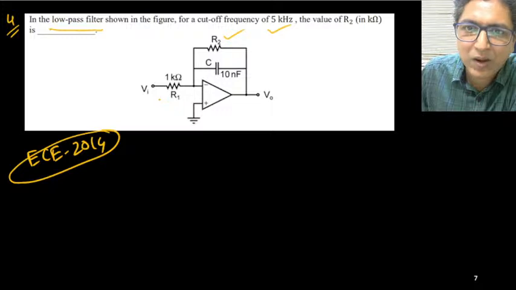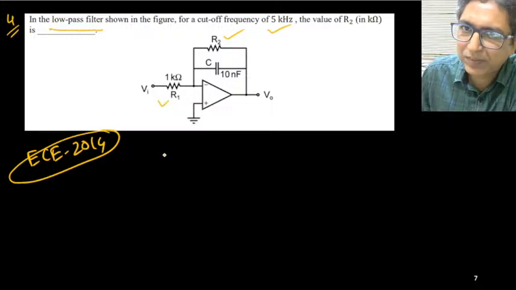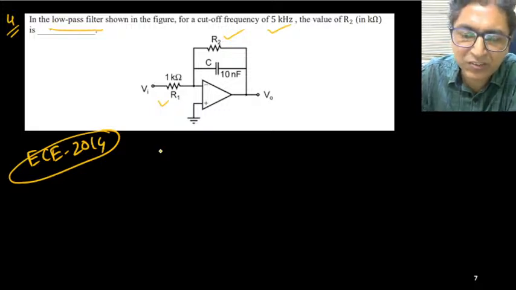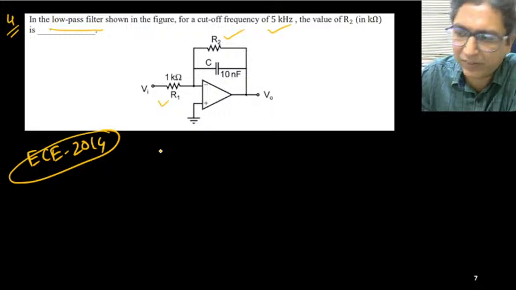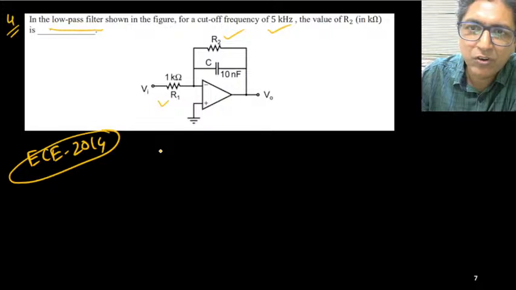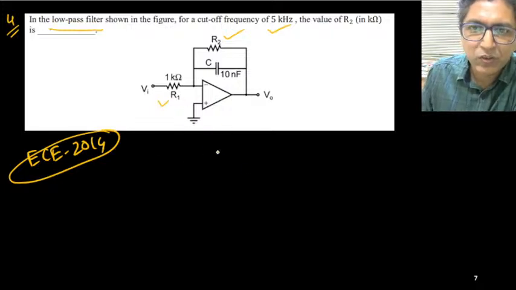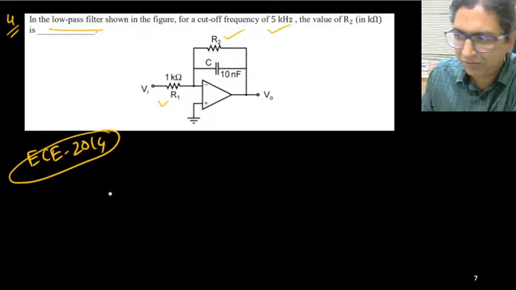Okay, R1 is already given, 1 kilo-ohm. Now here we need to understand how cutoff frequency is decided for this kind of low pass filters, inverting type of low pass filters. Okay, so can you find the expression for this one?